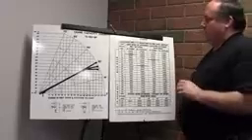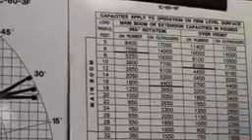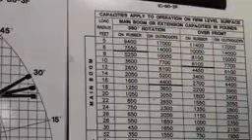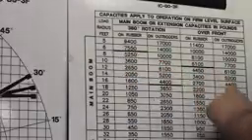Now, the other thing that we have to understand is that once we've determined that we're going to rate the crane at a 360 degree rotation, and we've decided, for example, that we're going to have the crane on its outriggers, which is its most stable position, there's also a dark black line on each one of these charts.